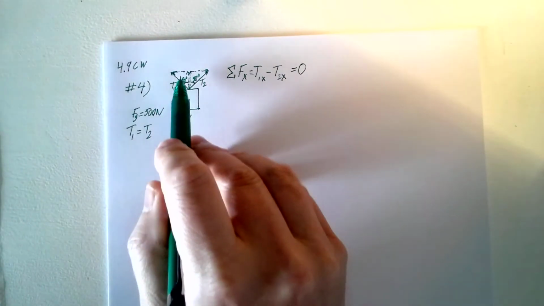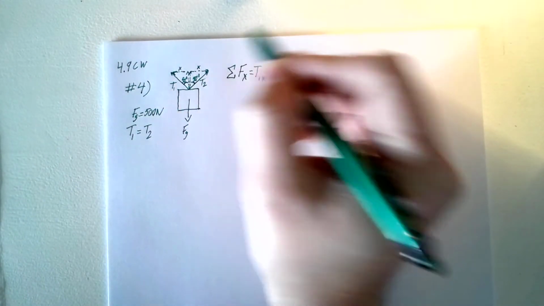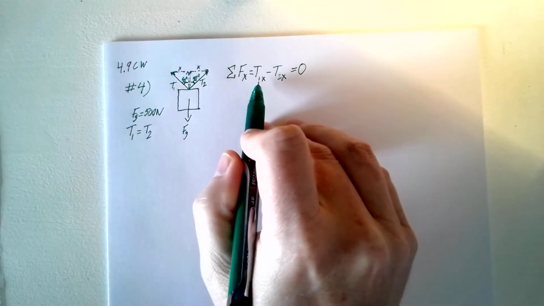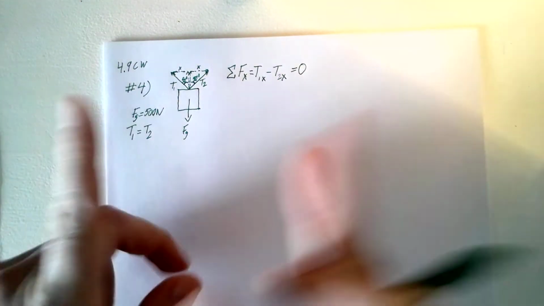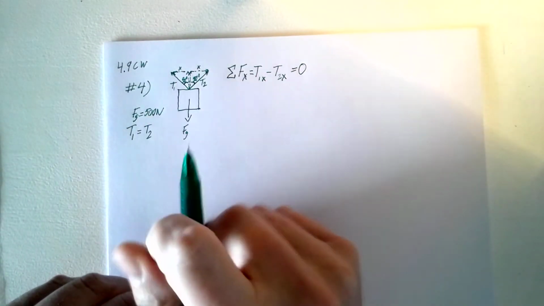T1x, this x component here, is equal to this x component here. So T1x minus T2x equals 0. They're acting in opposite directions here. One's to the left, one's to the right.